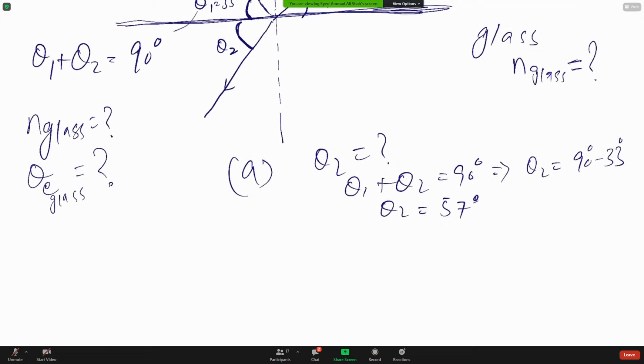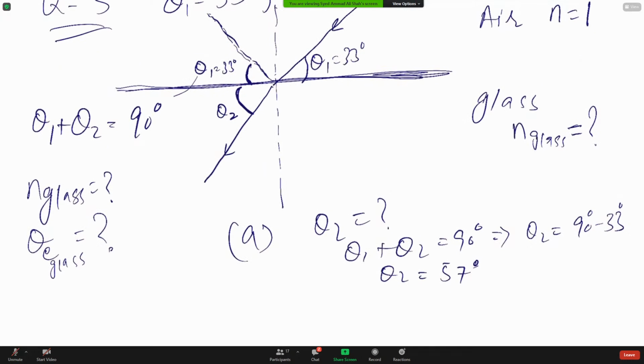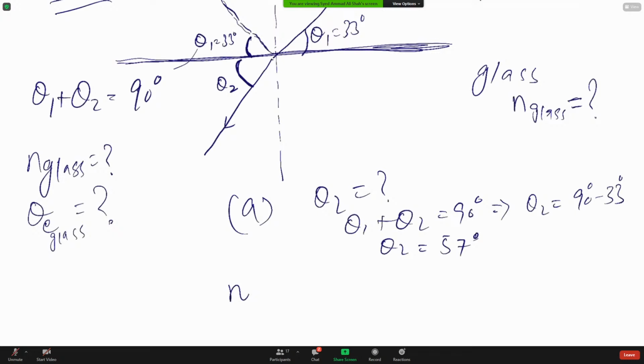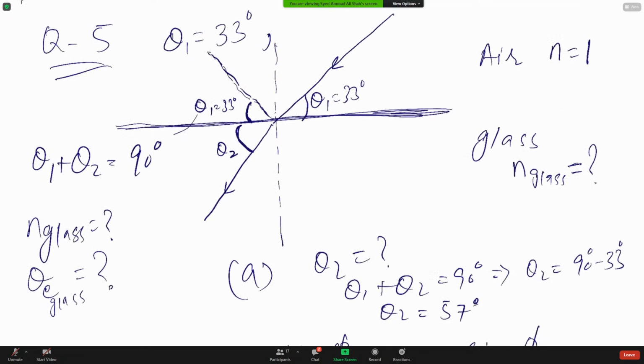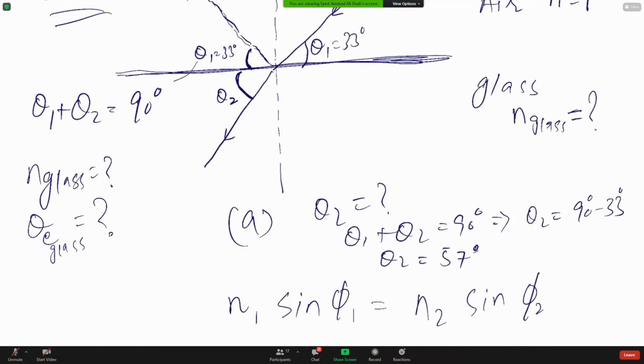Now what does Snell's law say? We just wrote the formula. It says N1 cos theta 1 is equal to N2 cos theta 2. N1 sine, but that was not theta, that was phi. Remember? What would be phi 1 and phi 2?